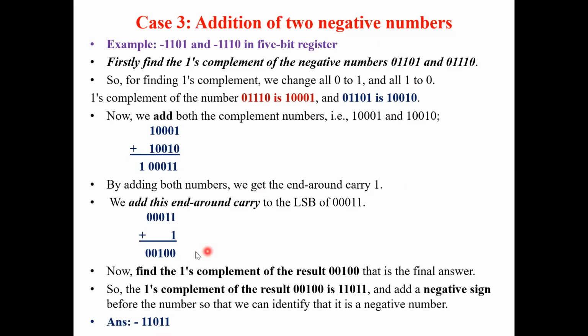After adding that carry, whatever you get, take the ones complement of it. Then 1 1 1 0 0, and then a negative sign to show that it is a negative number. The answer is 0 0 1 1. I'll correct this particular problem in my slide.